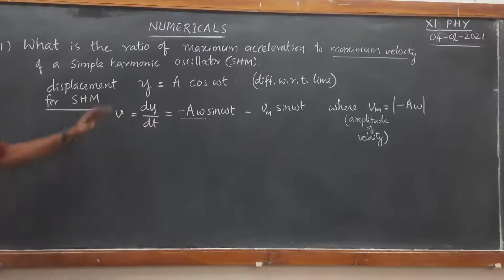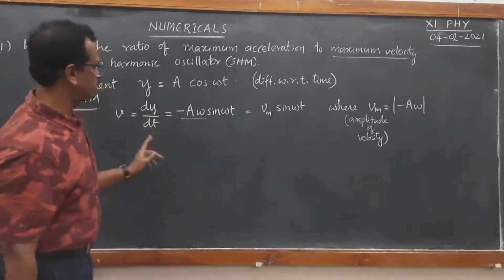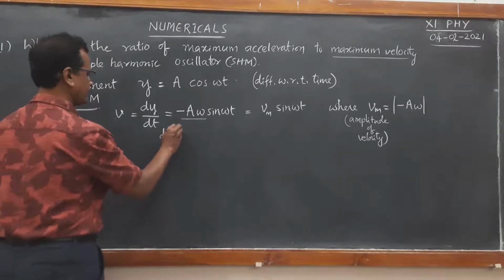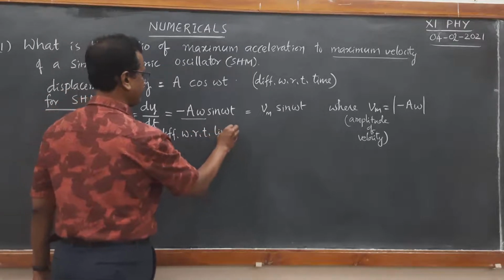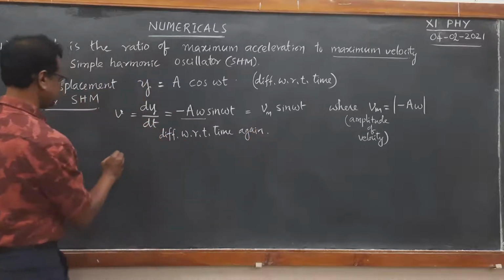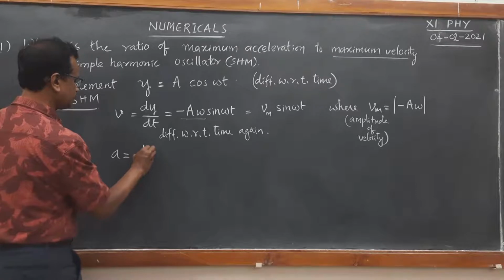Next is maximum acceleration. Maximum acceleration is the differentiation of this once again with respect to time. Acceleration a is equal to dv by dt.